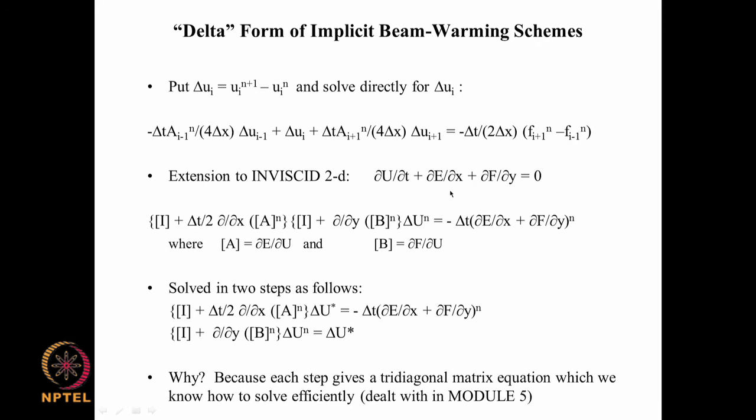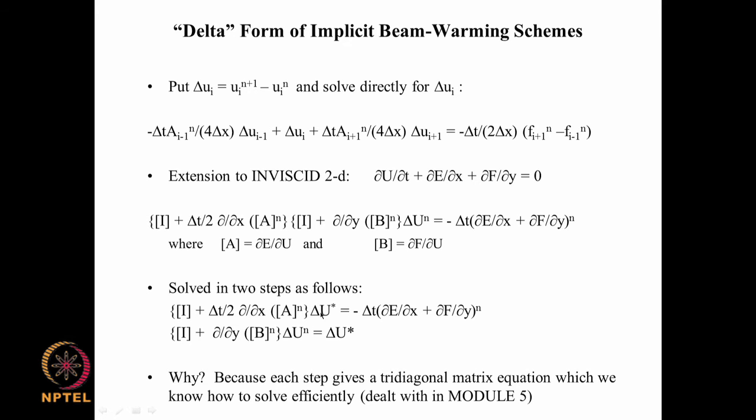So, that is something we keep in mind. When you have a pentadiagonal matrix, the tridiagonal matrix algorithm cannot be used directly, but by first doing the x derivatives here, because in this equation the right hand side is evaluated at the nth time step, it is all known, and you have ∂/∂x of Δu*.